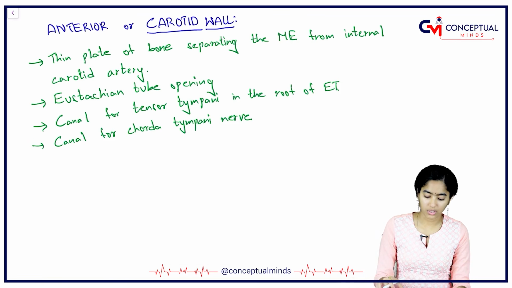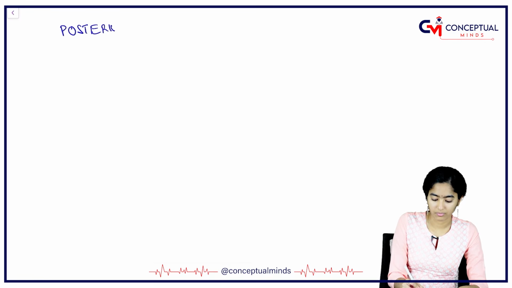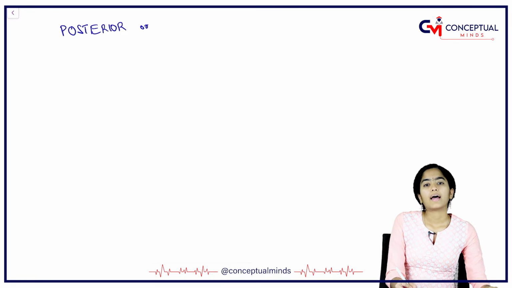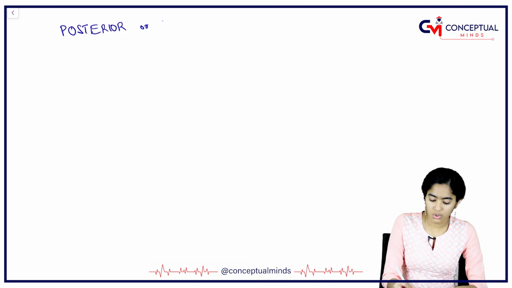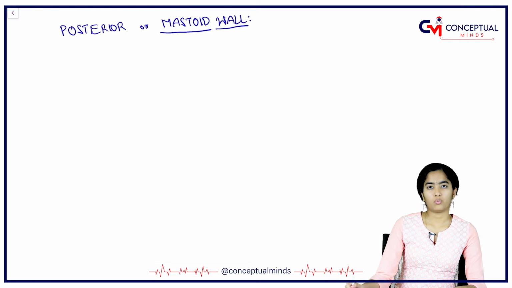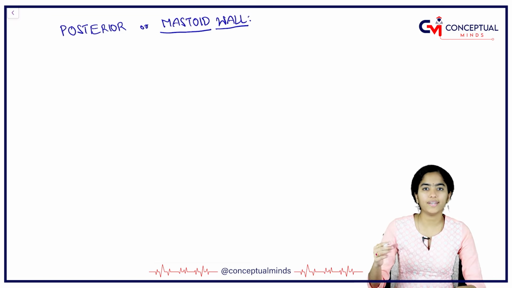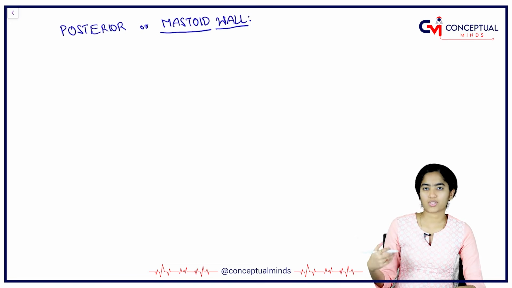Next, let us move on to the posterior wall. The posterior wall is also known as the mastoid wall. Now let us look at the structures present on the posterior wall, the posterior boundary. Please remember that the posterior boundary is also not complete. On top there is an opening, a communication between the middle ear and the mastoid antrum.